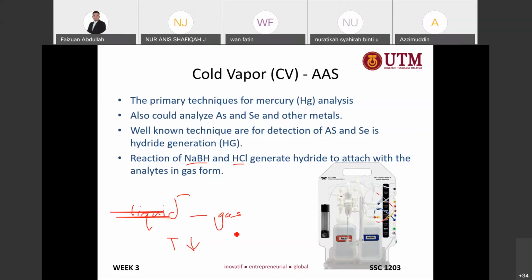We don't need a high temperature because our analyte vaporizes easily. So at low temperature, the hydride will be generated in gas form together with the analyte.